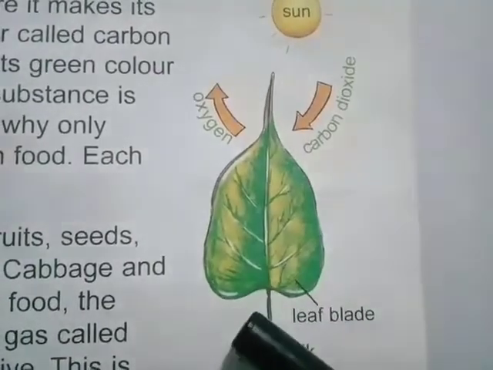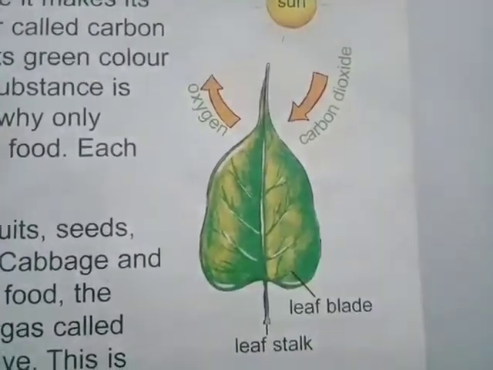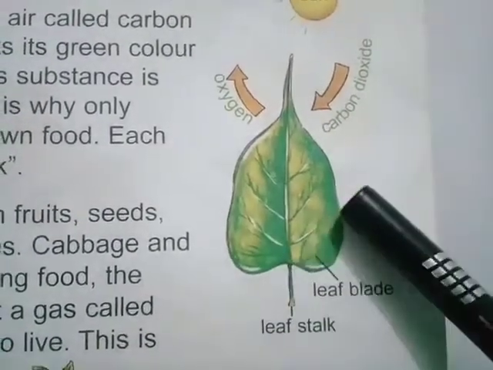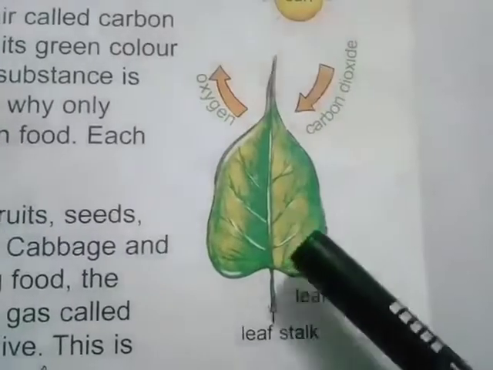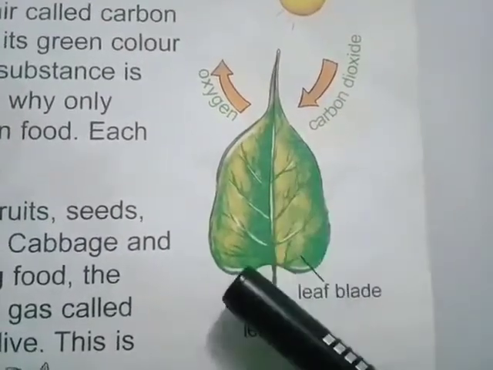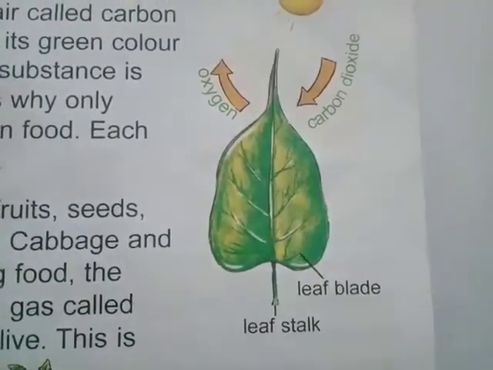Leaf gets its green color from a substance called chlorophyll. This substance is necessary for the leaf to make food. That is why the plants with green leaves are able to make their own food.